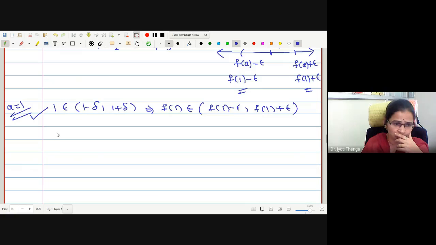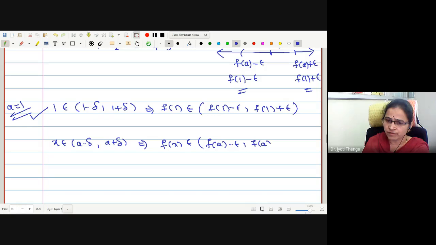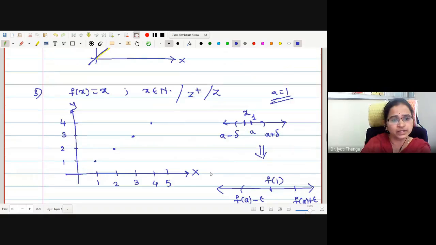Therefore, in general, there is only one point x in the neighborhood a minus delta to a plus delta, where the corresponding f of x lies in f of a minus epsilon to f of a plus epsilon, and according to the definition of continuous function, this function is continuous.